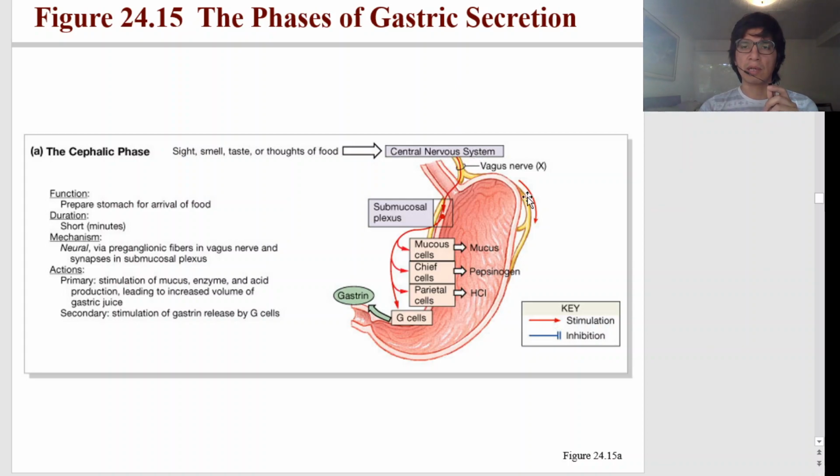You have here vagus nerve number 10, promoting mucus release, release of pepsinogen, HCl, and release of gastrin. So this is the end result. We are getting prepared for a meal, and through the release of these substances, whenever the meal arrives, we will be ready to initiate digestion.